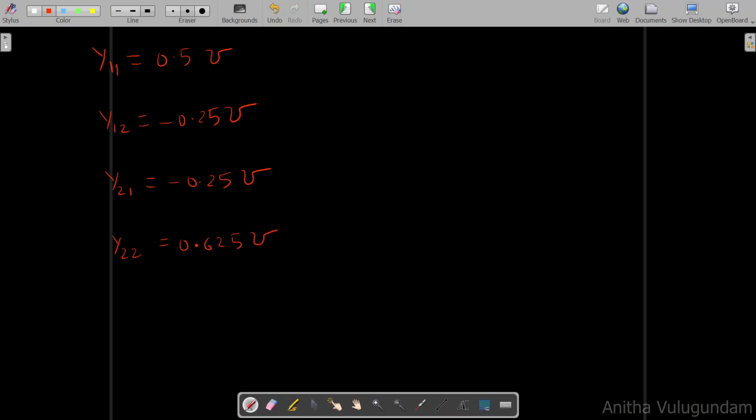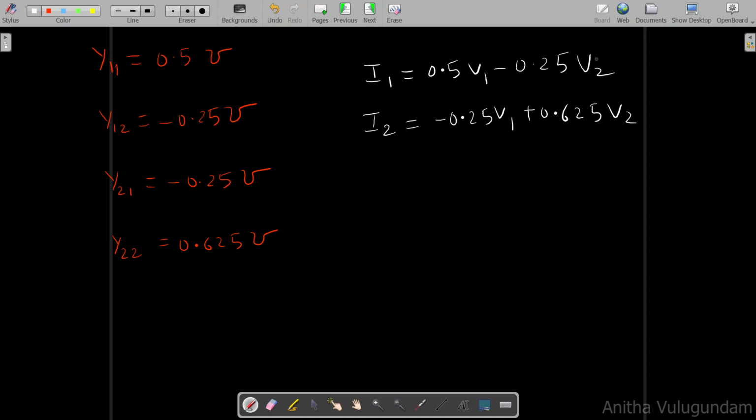These are the y parameters obtained for the given circuit, and you can write the main equations as I1 equal to y11 V1 plus y12 V2. Y12 we have got as minus, so I'll write minus 0.25 V2, and I2 can be written as y21 V1 plus y22 V2. This is how we can write the main equations.